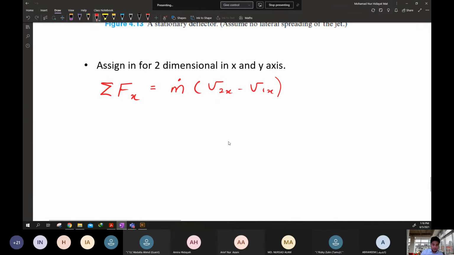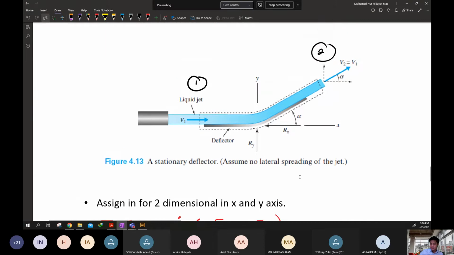So what's the force in the x component? What's the force involved in the x component? What do we have? We only have the reaction force, the reaction force in the negative x direction.